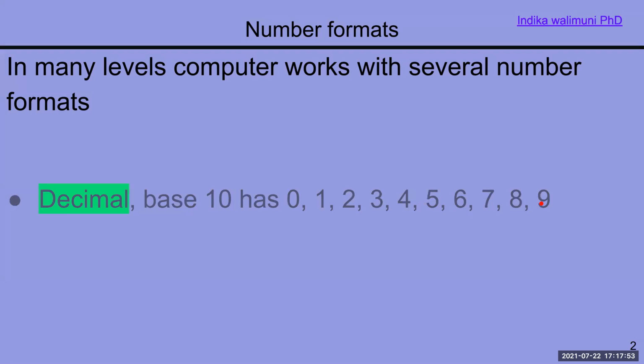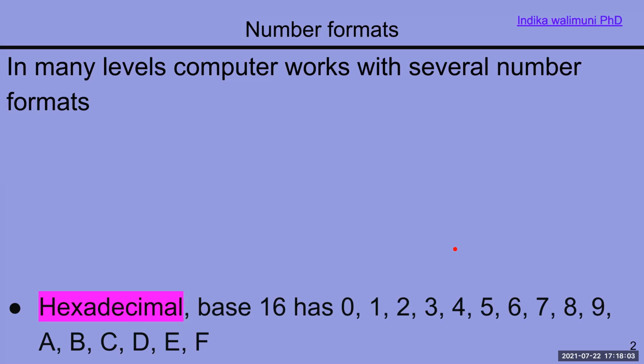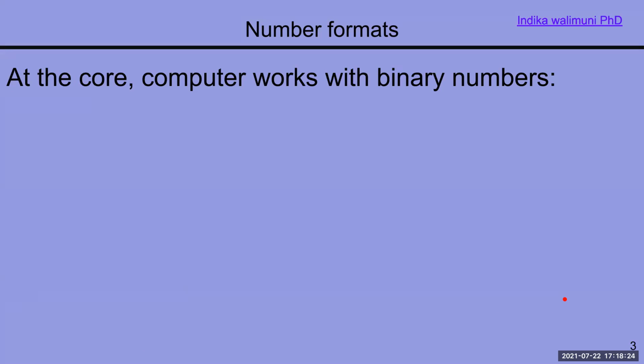Octal is base 8 and has digits 0 to 7. And finally, hexadecimal is base 16. It has digits from 0 to 9, and then we adopt the first 6 English letters as digits for 10 to 15.